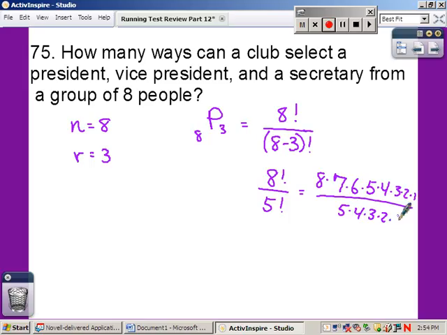But at some point you're going to get to the situation where you don't have to write them all out anymore. All the 5, 4, 3, 2, 1 cancels with that one. So all you're left with is 8, 7, 6 multiplied together, which leaves you with 336 possible ways you could select that.